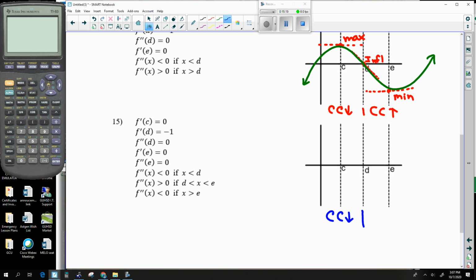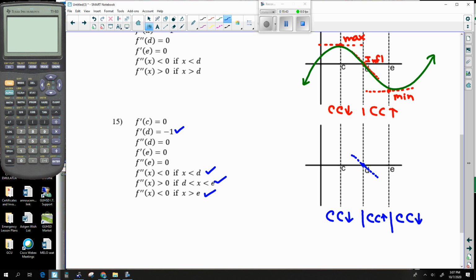Then from D to E, it's concave up. And then it is concave down again beyond E. So we took care of the concavities. Take a look at the derivative that you do know, and D is -1.